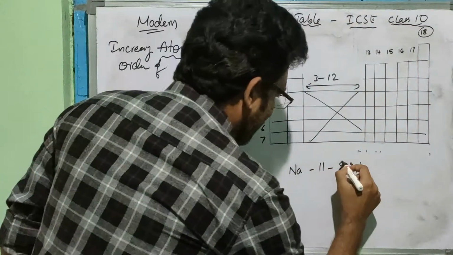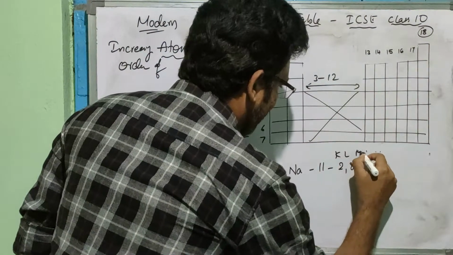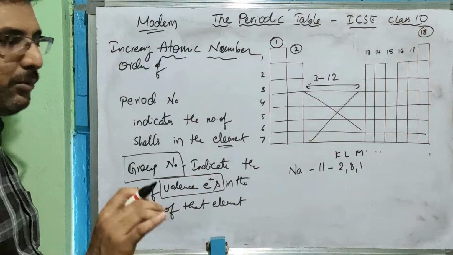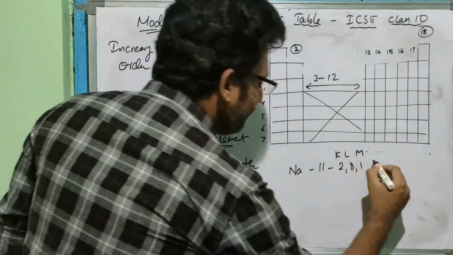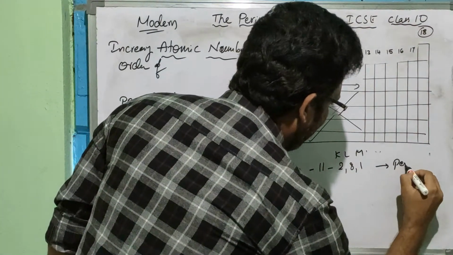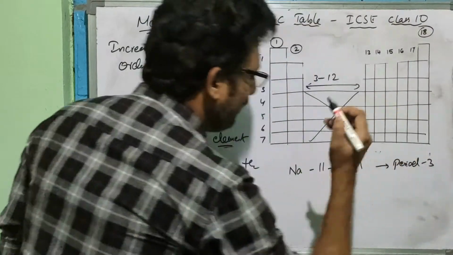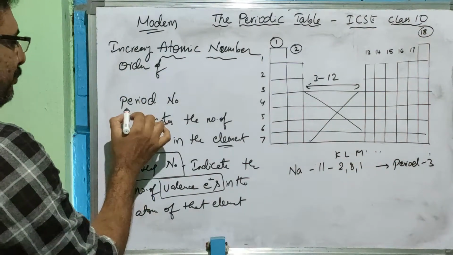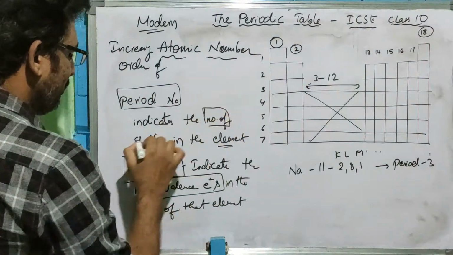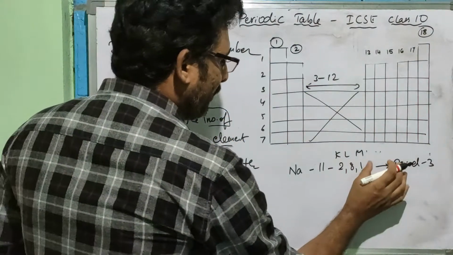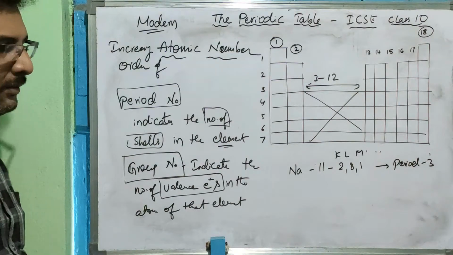Now, how many shells do you have to count? K, L, M. So here you have 1, 2, 3. 3 shells are there. So it will go to period number 3. Right? So here period number indicates the number of shells. So there are 3 shells, so it will go to period number 3.